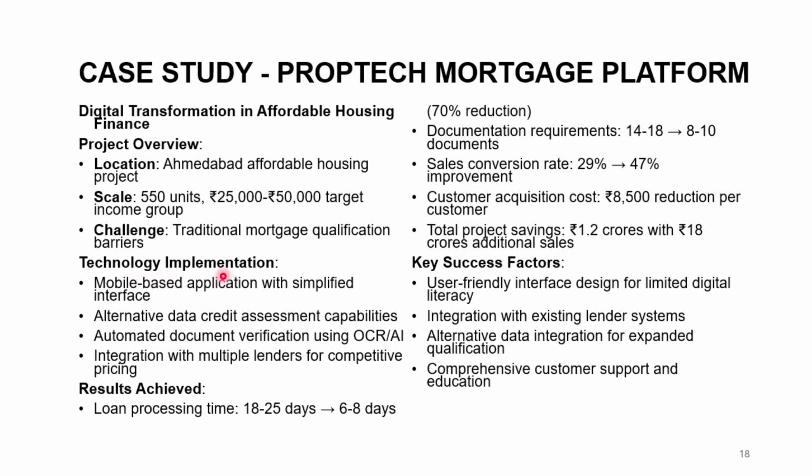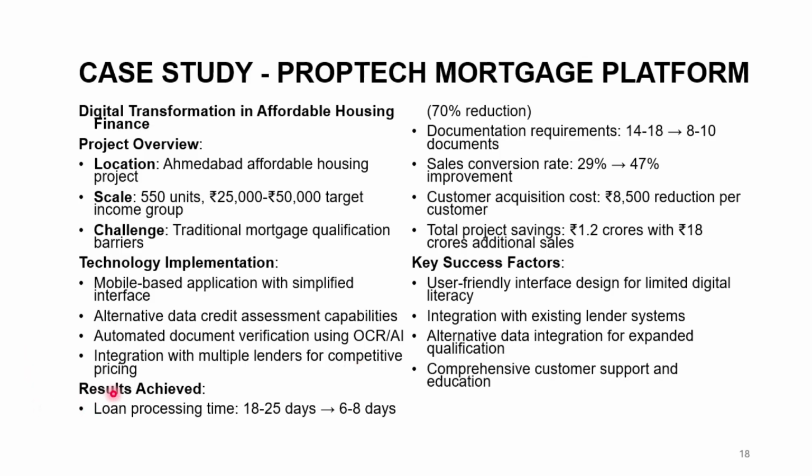Then technology implementation. So mobile based application with simplified interface, alternative data credit assessment capabilities can be part of this technology implementation. And then automated documentation verification using OCR, AI, and integration with multiple lenders for competitive pricing.